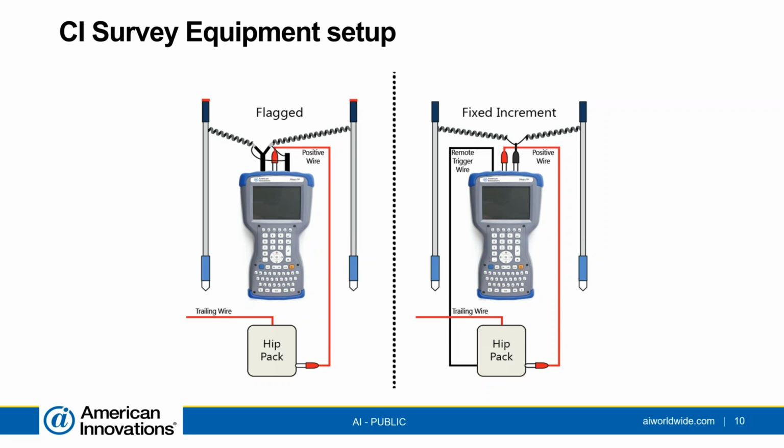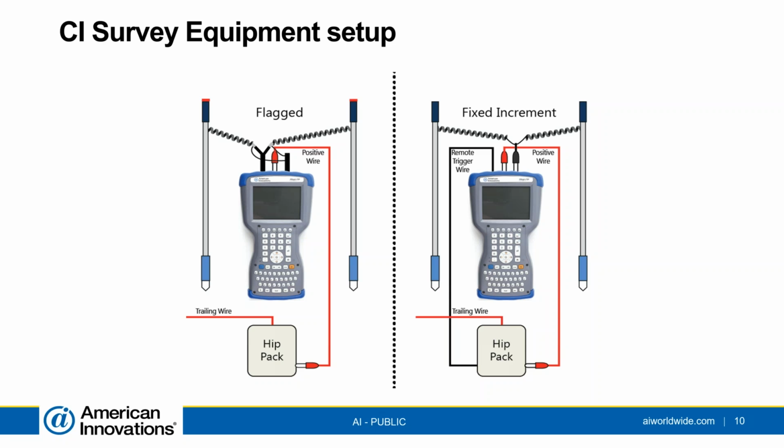With fixed increment, you're able to use the wire counter in the chainer or the hip pack or the backpack that you have to increment as it pulls out so many feet of wire. And if you're using this, they need to be in 2.5 foot increments, 2.5, 5, 7.5 foot increments. It knows what 2.5 foot increment is on that spooler, and it will trigger reads.